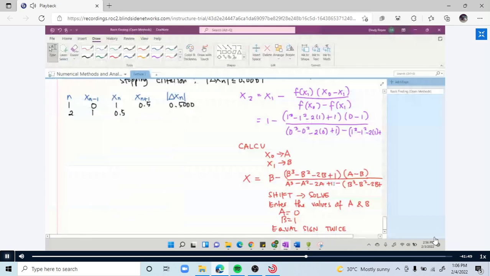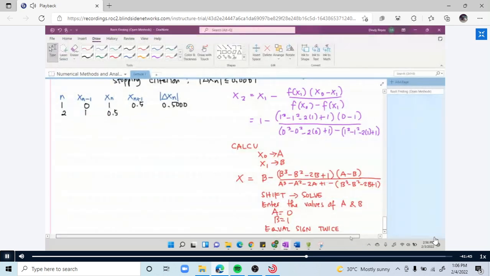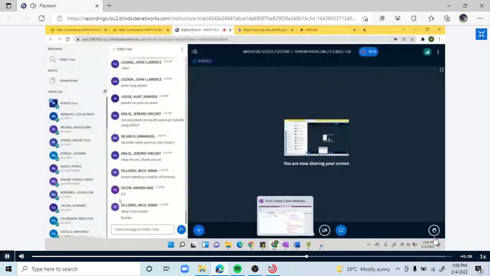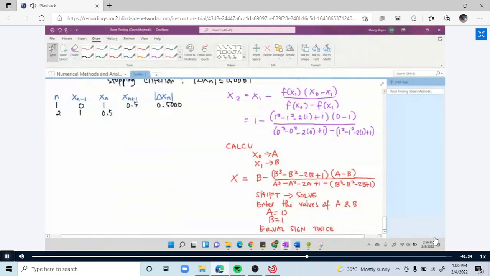Shift solve again. Find the value of x sub 3 using your calculator.